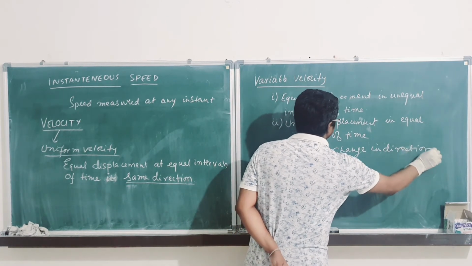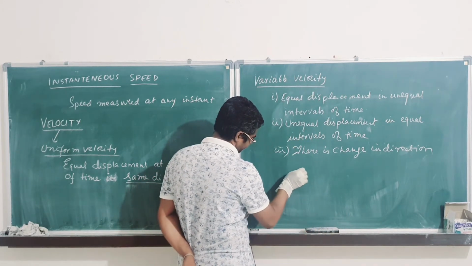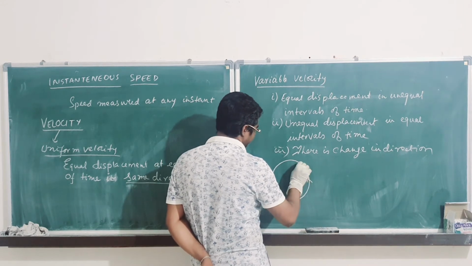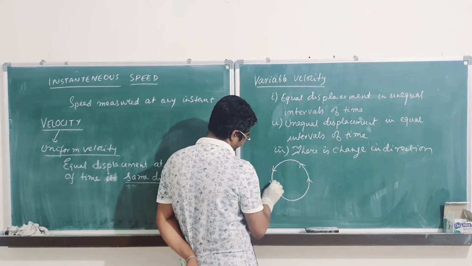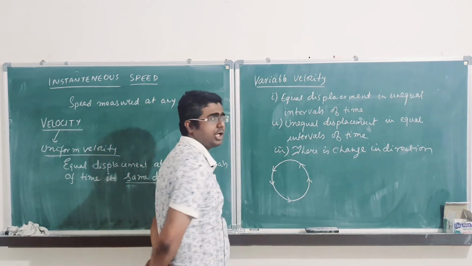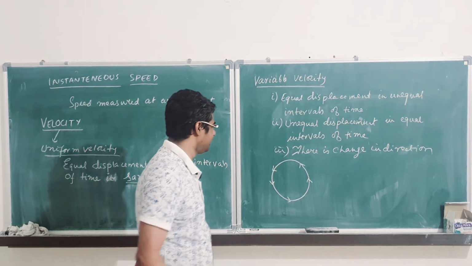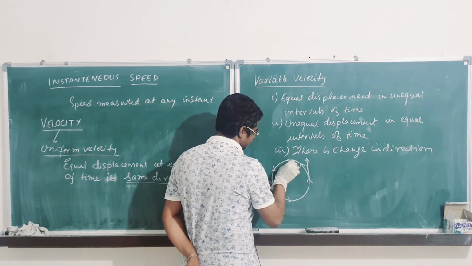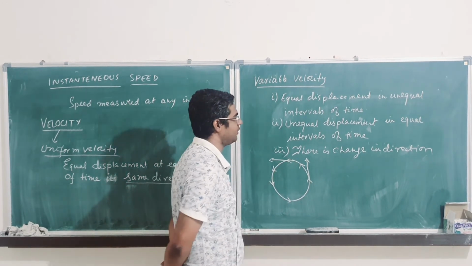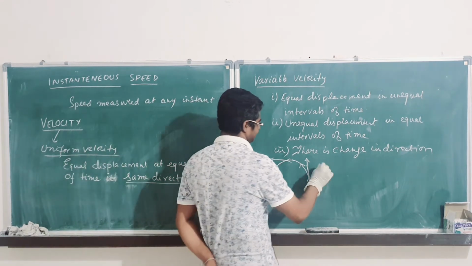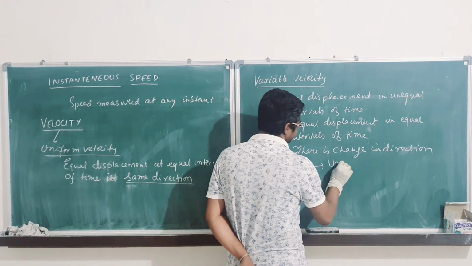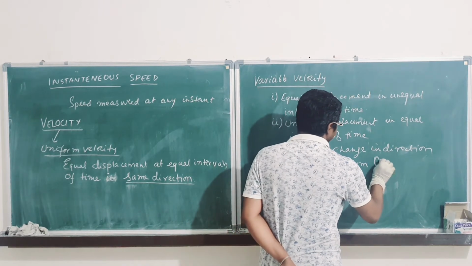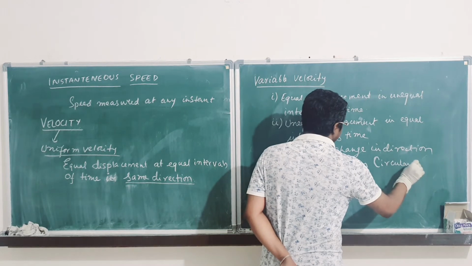We will show you in motion right now. This is called uniform circular motion. If you see in this case, the direction is changing. This type of motion is called uniform circular motion.